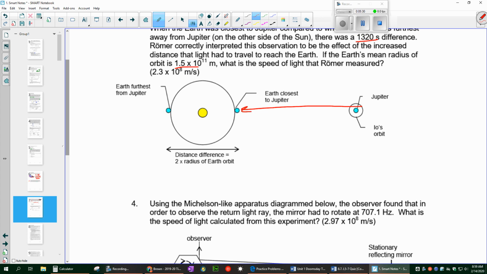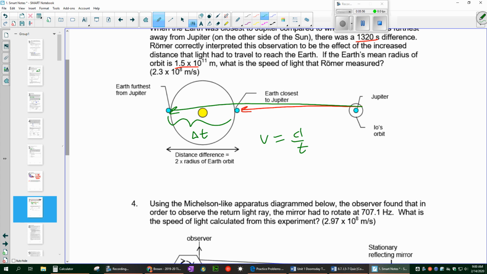But then on the other side of the planet, it would have been from here all the way to there, right? So really we're just using v is equal to d over t. There's a certain difference in time between these two, and that's what we're going to use here. And then it's simply v is equal to d over t.